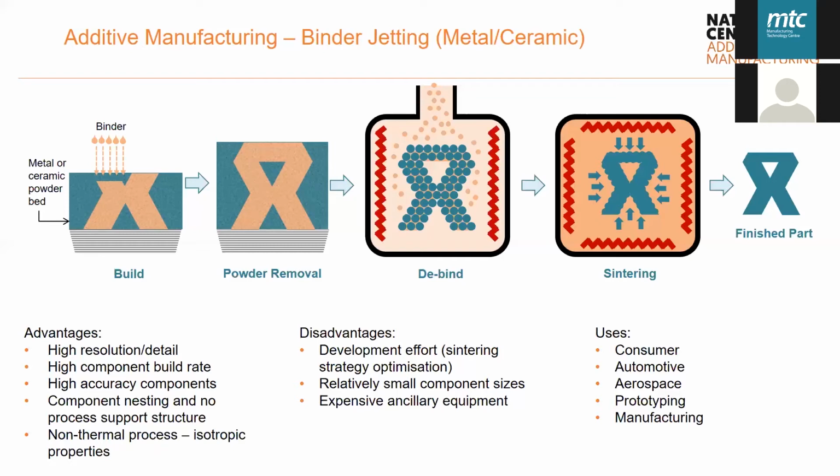The process itself is also non-thermal, during the beginning stages here. So once sintered, your properties are more isotropic than what you might find with other metal powder bed processes. The disadvantages are potential development efforts. You sometimes need to optimize your component or your supporting strategy during these two steps of the sintering.